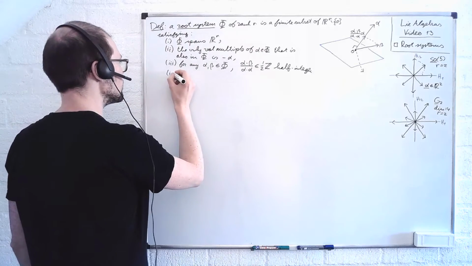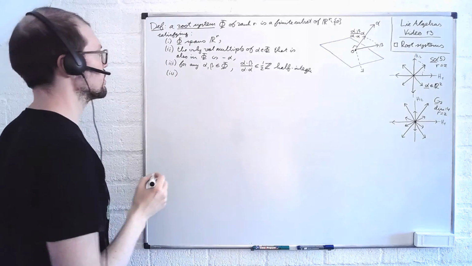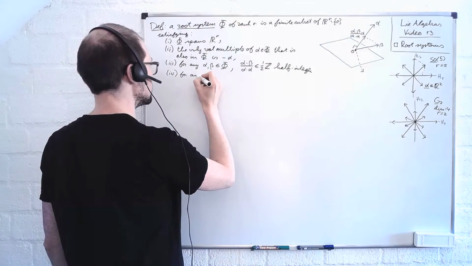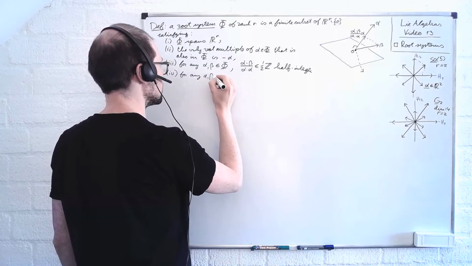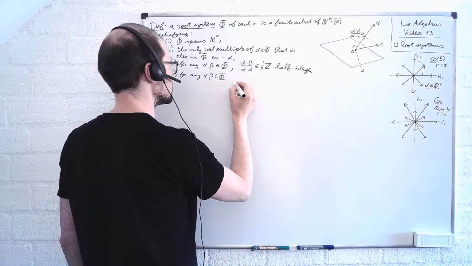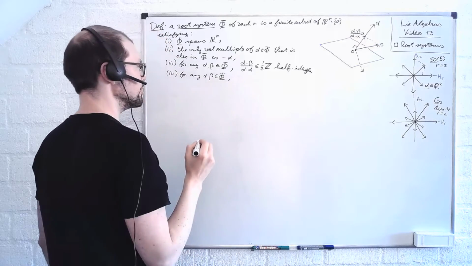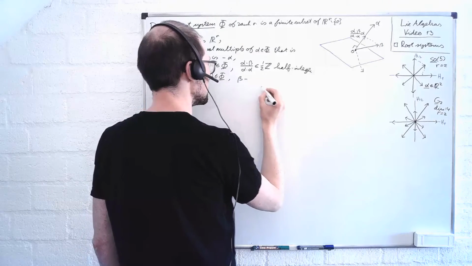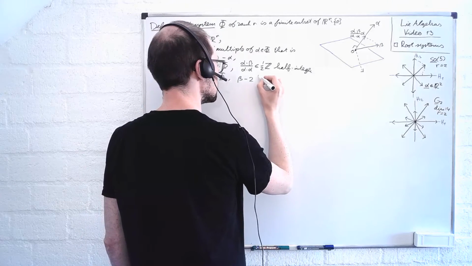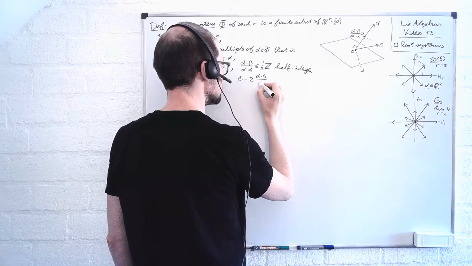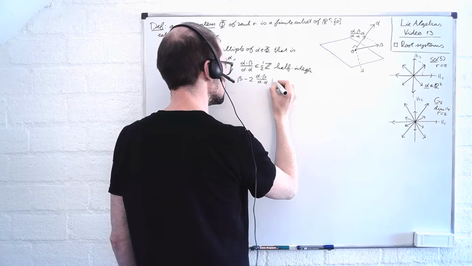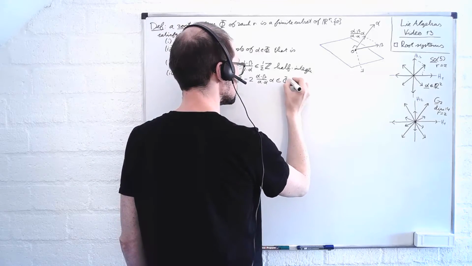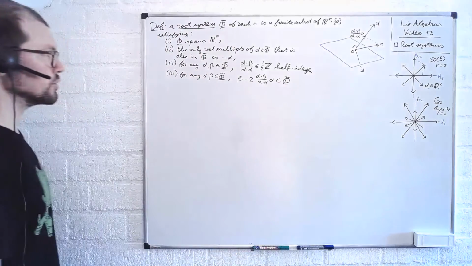And then finally, for any 2 roots alpha and beta in phi, we will also have that beta minus this particular combination of alpha is a root.